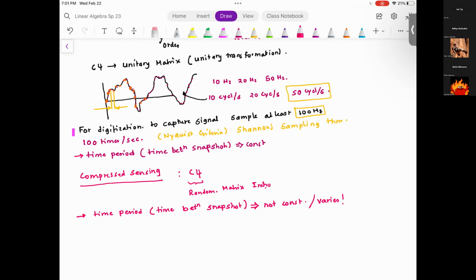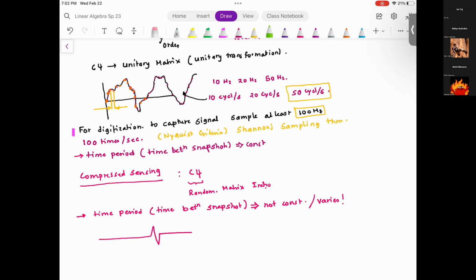That means once you perform the compressed sensing, imagine you have a signal, and that signal is something like this. I'm trying to give you an example which is more intuitive, but strictly it is not mathematically compressed sensing. I want to tell you what is happening. You have a signal and you want to capture it.